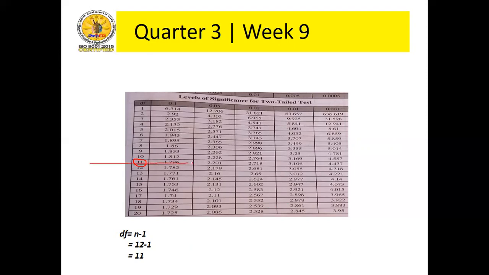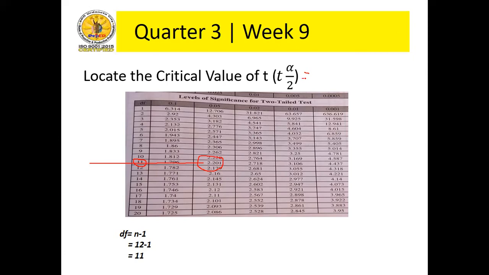So we have the critical value of t, which is 2.201, using this table of values. That is what we call the critical value.